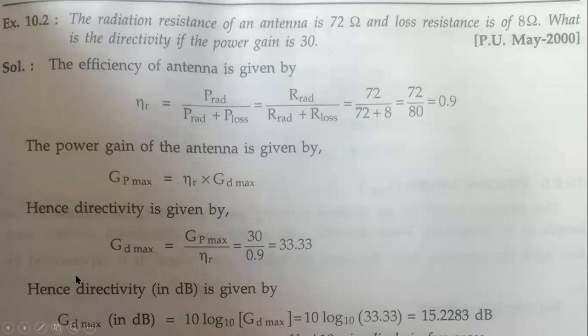So 10 log 10 of what you got without dB, that is 33.33, will be equal to 15.228 in terms of dB. 15.228 is in dB. So always remember, even if it is not given or written, you need to find it in dB, and always end with dB, because directivity gain is measured in dB.